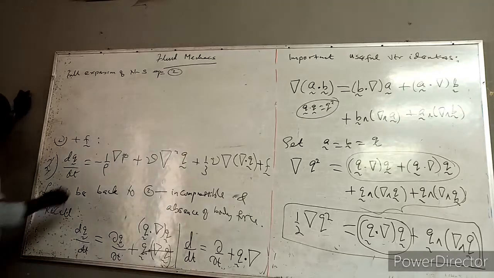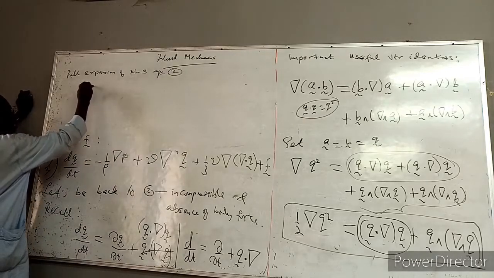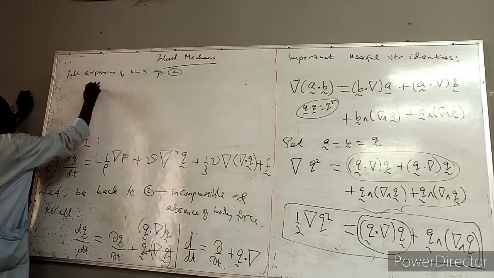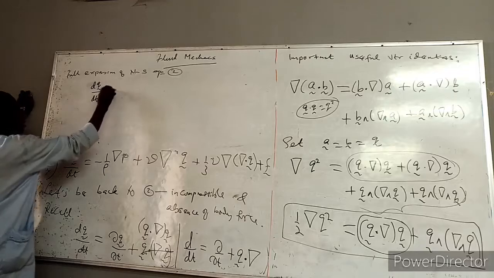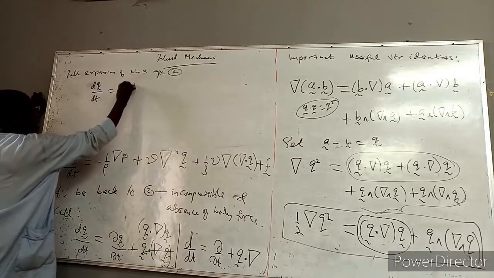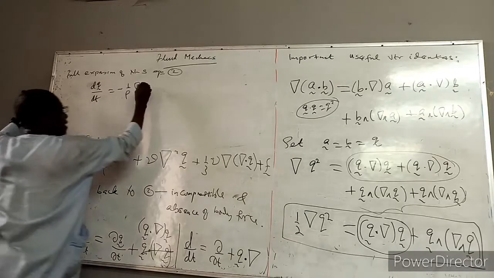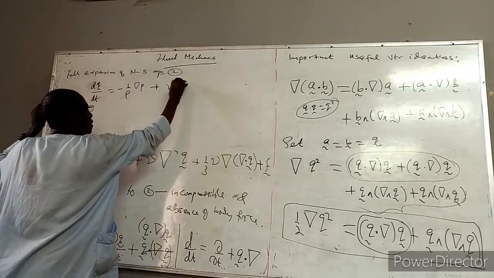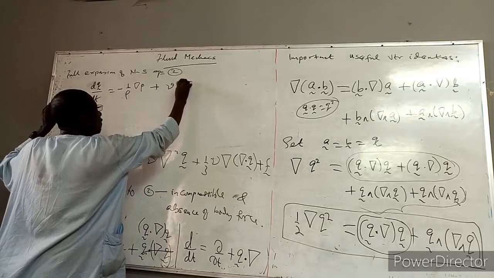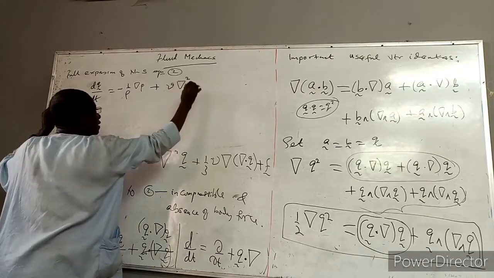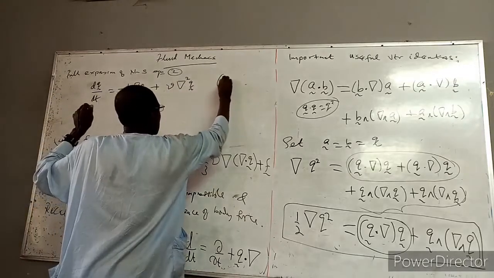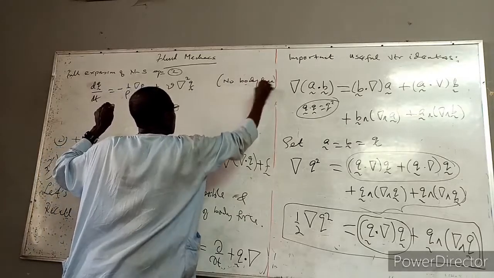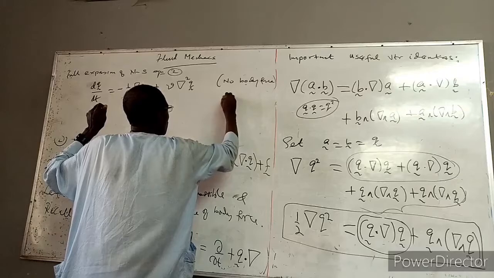So remember, I have dq dt is equal to minus 1 over rho grad p, then plus mu del squared q. That is no body force, isn't it? Yes.